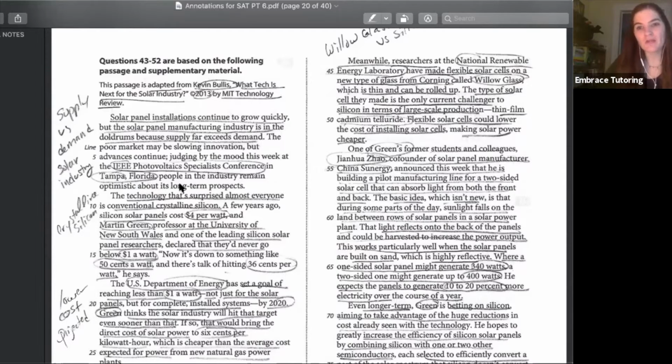That's really what you want to be able to do in terms of your approach to the reading test. If we look back at the practice test 3, which is what this one should be.